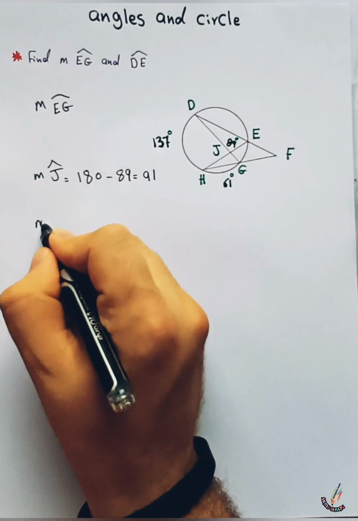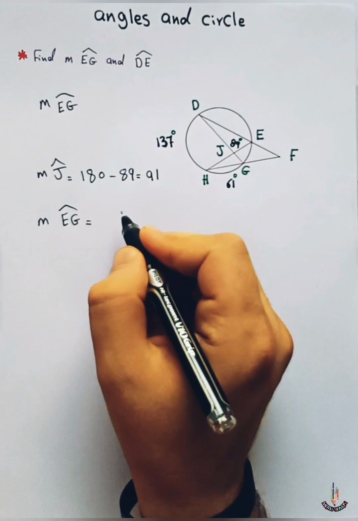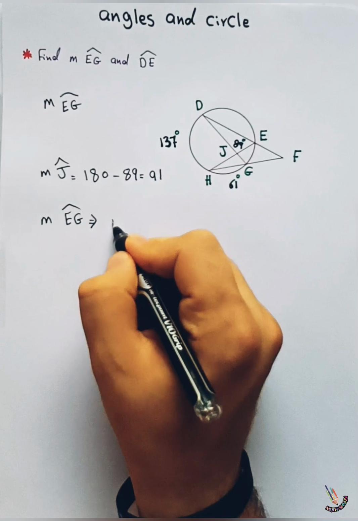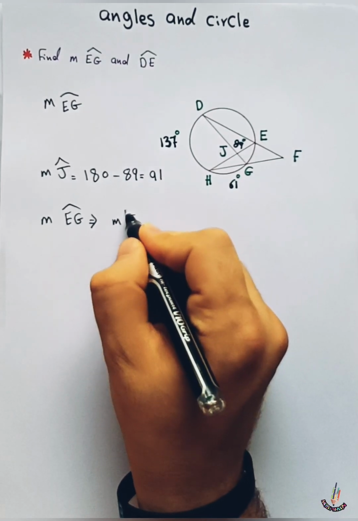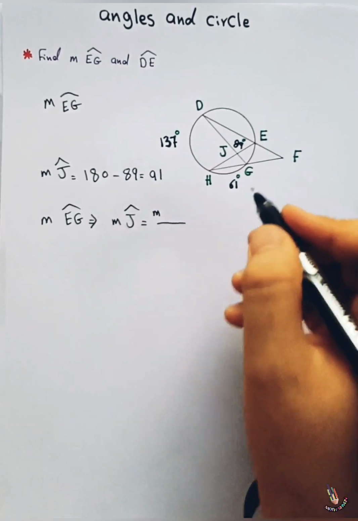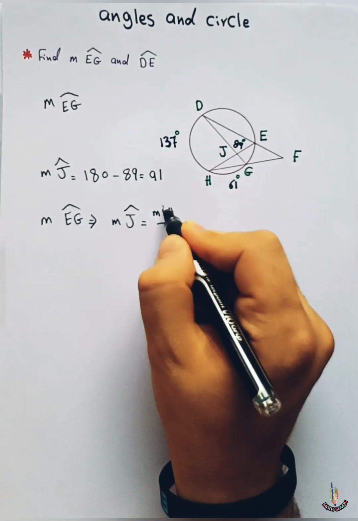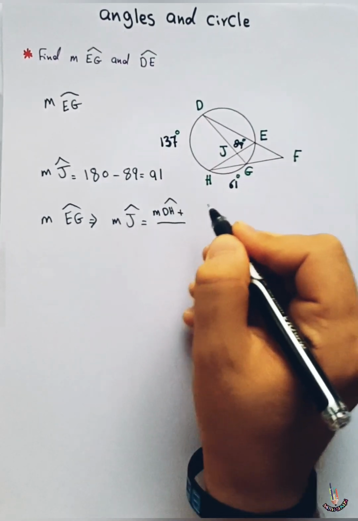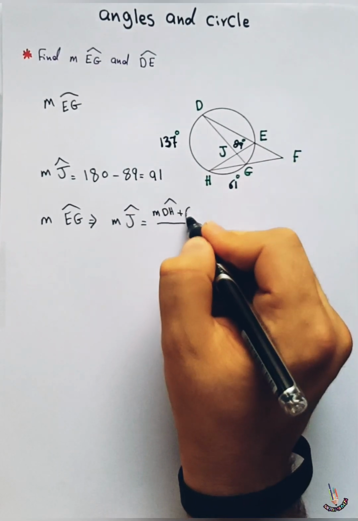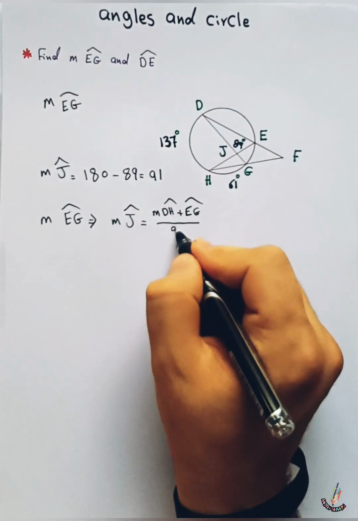After that, the measure of angle J equal to the measure of DH plus EG divided by 2.